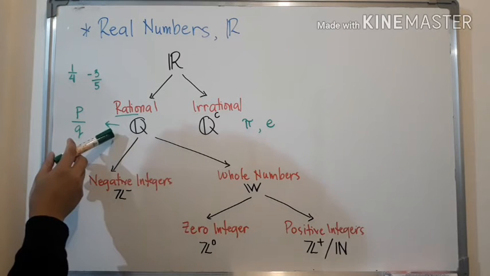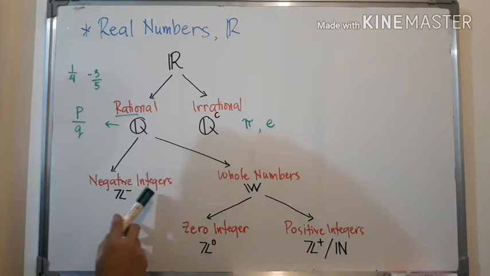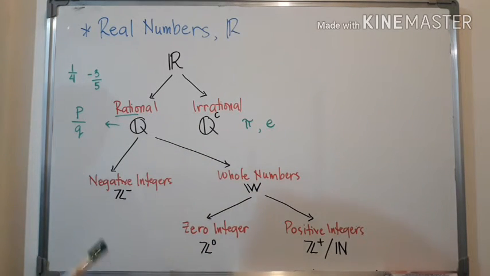So rational numbers is a set of negative integers and whole numbers. Okay, so negative integers is expressed in this mathematical notation Z minus, while whole numbers is expressed in this mathematical notation capital W. So what are negative integers? Negative integers are rational numbers.